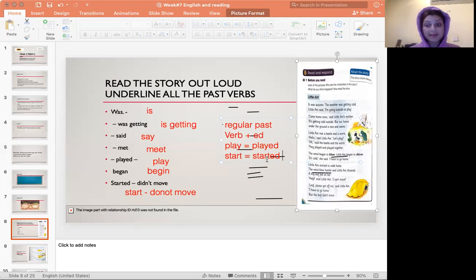What's new today is irregular verbs. Irregular verbs had a fight with the ed, so we changed them. Okay? These irregular verbs are like begin. It will be began. You have to study them the way they are. We cannot tell you why they have changed.